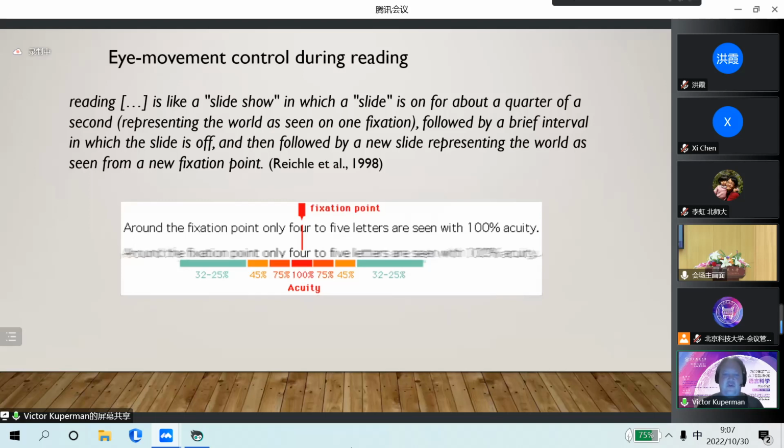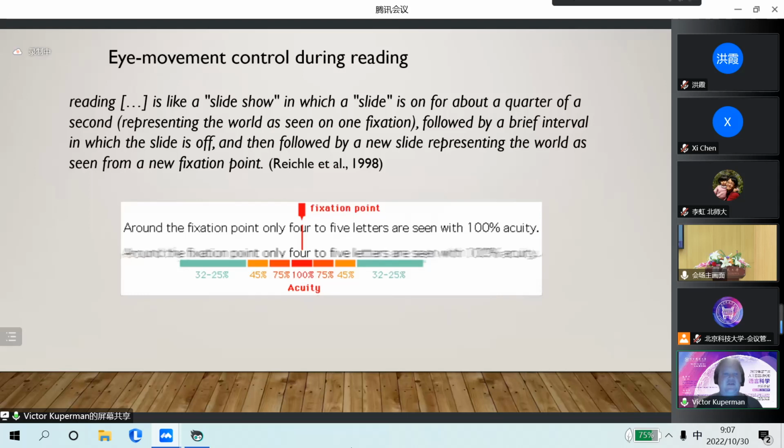As we move further away from this point, we quickly lose this sharpness, such that the letters blur more and more as we move away either to the right or to the left of the fixation point. So we move our eyes to get a better view of the material that needs to be read. And in a sense, and I will quote here, reading is like a slideshow where a slide is on for about a quarter of a second, representing the world as seen on one fixation.